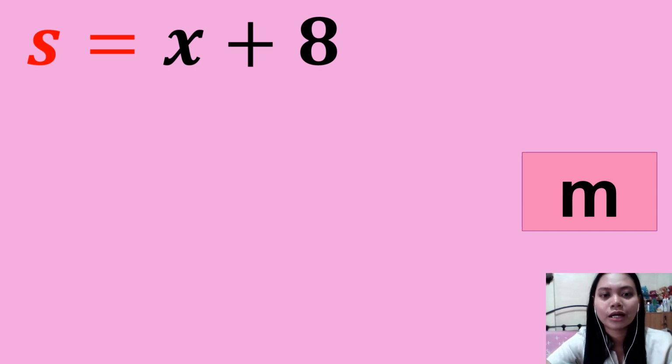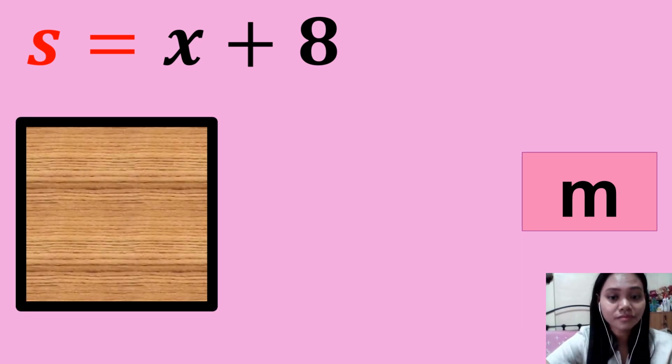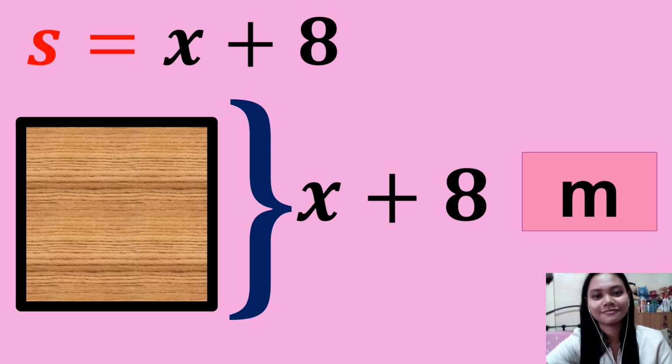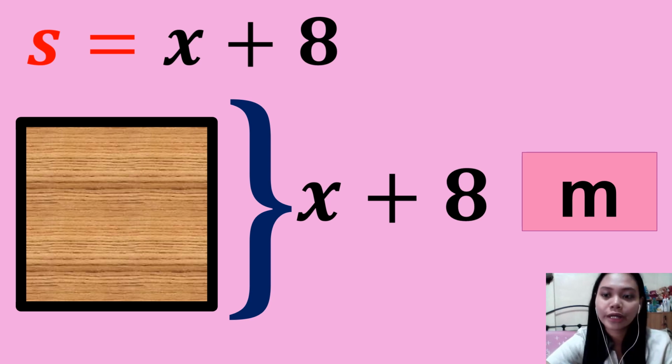Ibig sabihin na nawala yung exponent or yung square ng binomial since in-square root natin siya. So therefore, ang side or yung sukat ng side ng ating plywood ay x plus 8 meters. So again, ginamit natin ang lesson ng perfect square trinomial to solve this kind of problem.